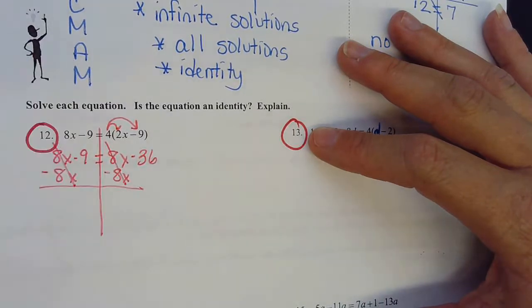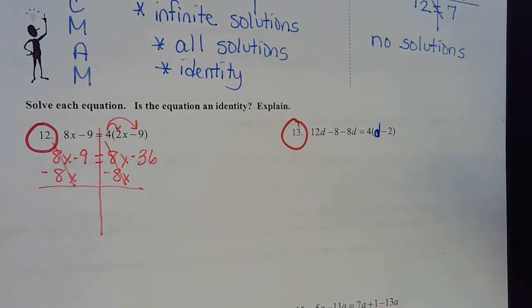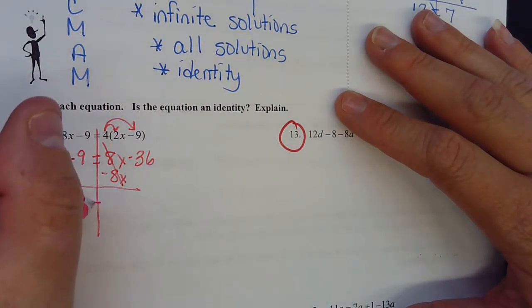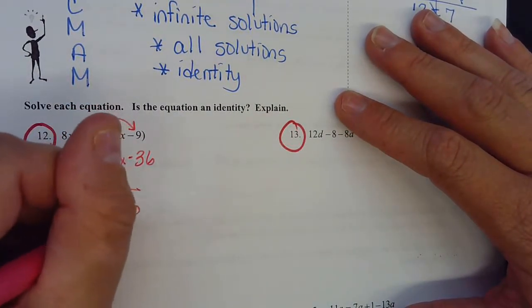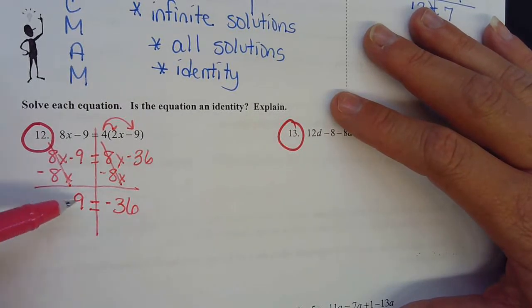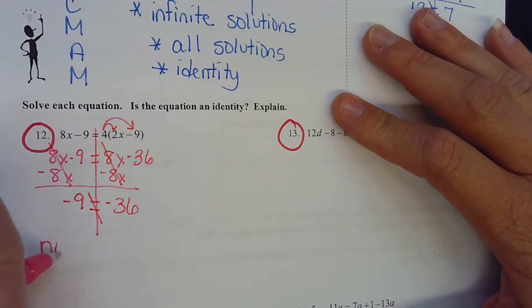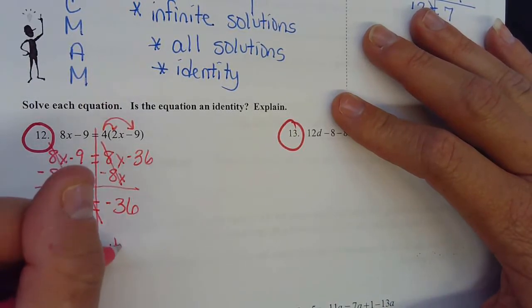Cancels from the left, cancels from the right. When your x's completely cancel out, you're not going to get a numerical answer. Your answer is going to be words pretty much. Bring down the -9, bring down the equals, bring down the -36. So you have -9 equals -36, which is not true.